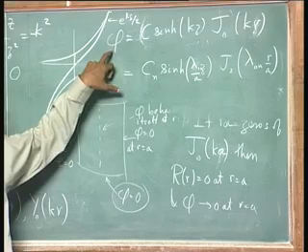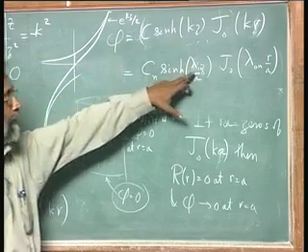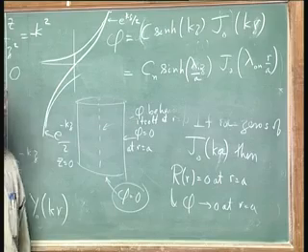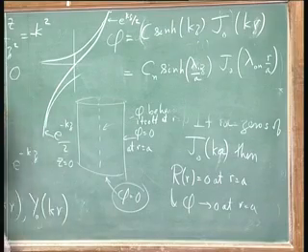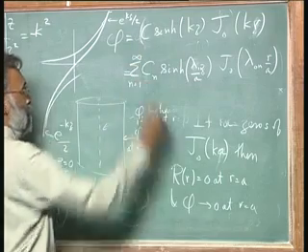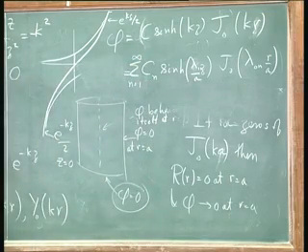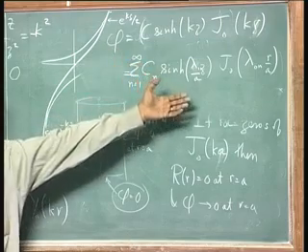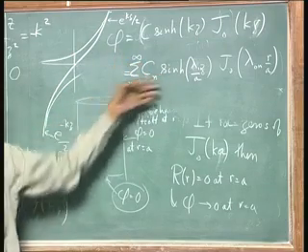Phi does not know anything about n, but suddenly I have introduced a new variable called n, and I know no way of handling this unless I sum over all n's. Now, the left hand side does not know about n, right hand side does not know about n either. It is a dummy index.